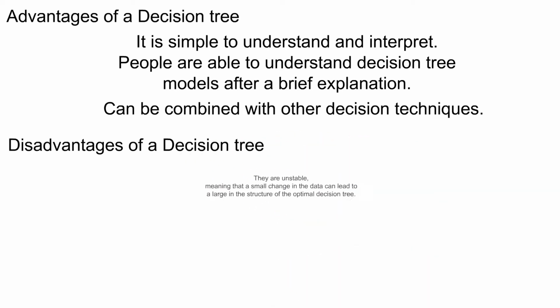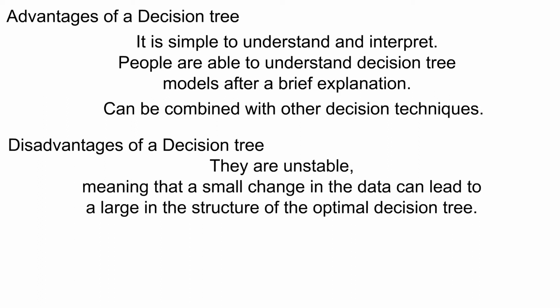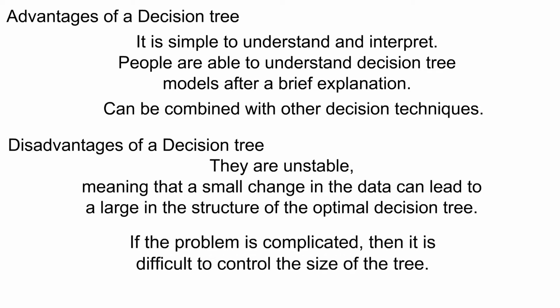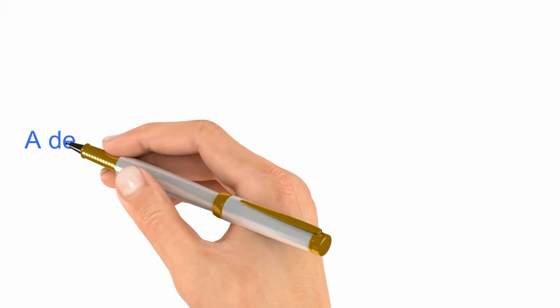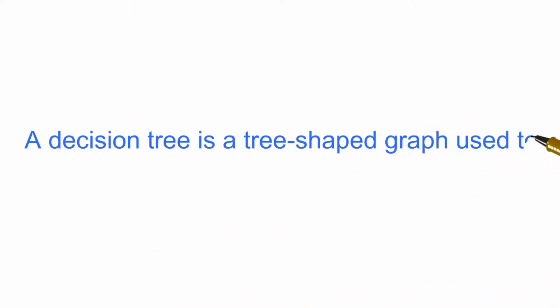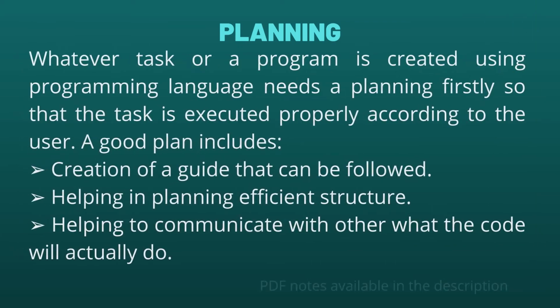They are unstable, meaning that a small change in the data can lead to a large change in the structure of the optimal decision tree. If the problem is complicated, then it is difficult to control the size of the tree. So a decision tree is a tree-shaped graph used to represent the conditions of the actions. So these were all about planning.